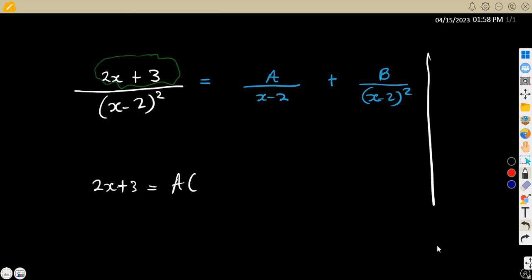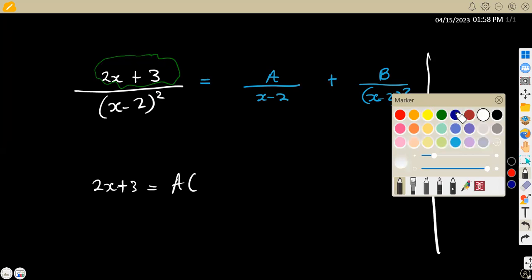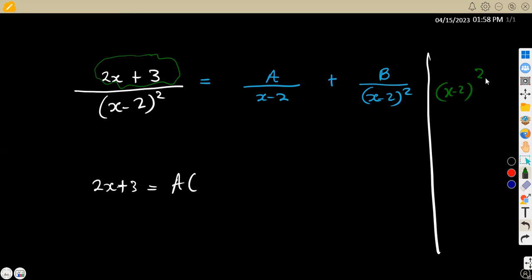There are two of them, so once you divide, you cancel one and remain with x minus 2. So this is going to be A into x minus 2 plus B. The x minus 2 squared will cancel, so you just remain with A plus B like this.